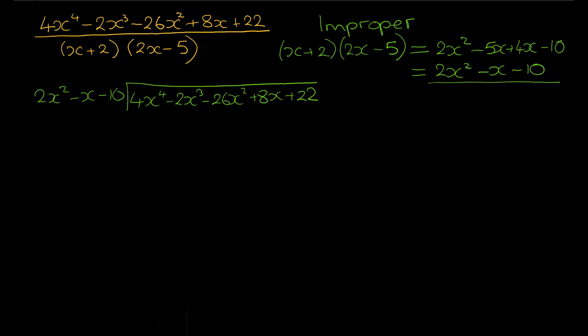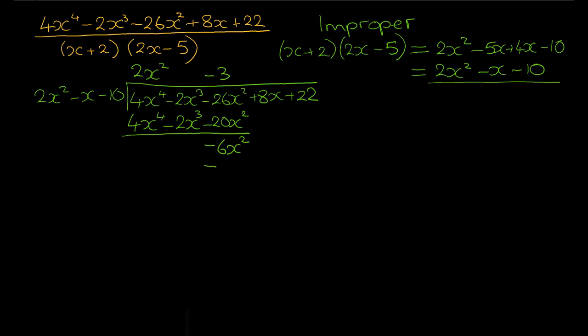So 2x squared into 4x to the power of 4 is 2x squared. And then we multiply through, so that'll give us that. And then we'll have minus 2x cubed and minus 20x squared. Take that off so we can see we'll get nothing from the first two. Minus 26 minus minus 20 means we'll be left with minus 6x squared. 2x squared into this is going to be minus 3.